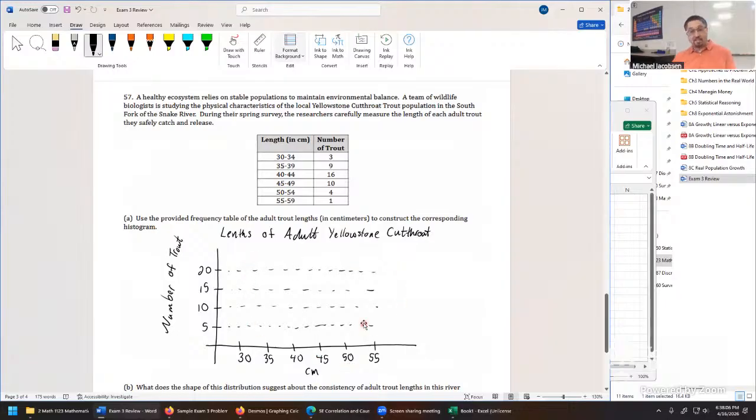So these are just my guidelines to help out. So when doing credit for this, I'm going to be looking into the scale you select, if it makes sense to fit the data, the units on each of the axes, and there should be a title as well for your histogram. Any questions at all, folks, before we start throwing in the rectangles?